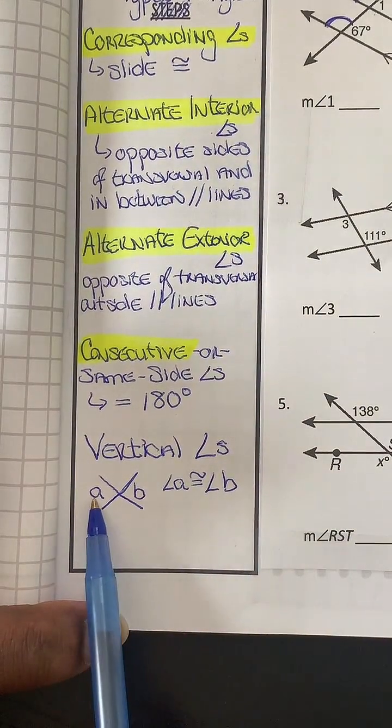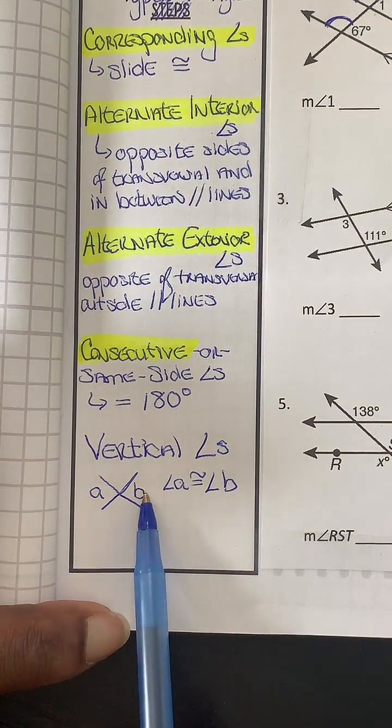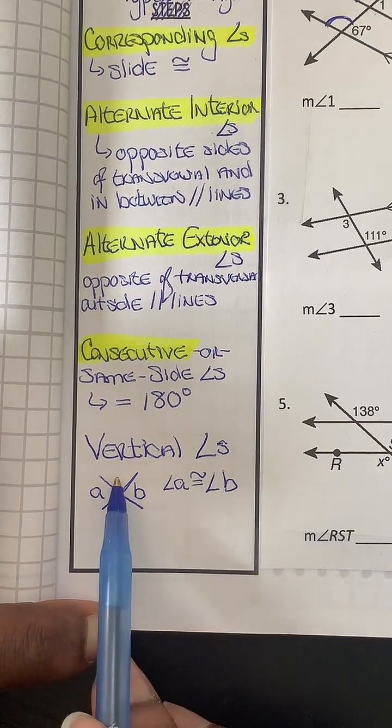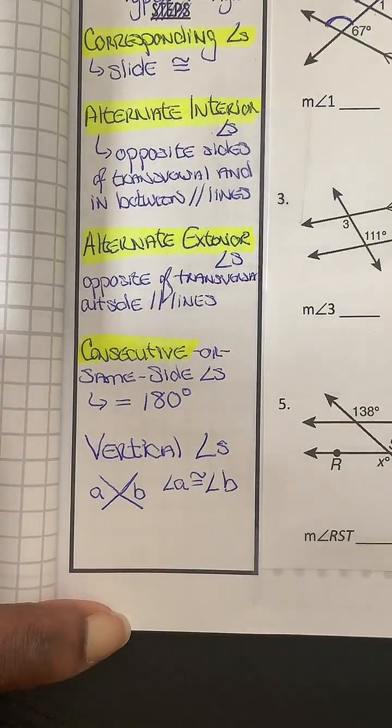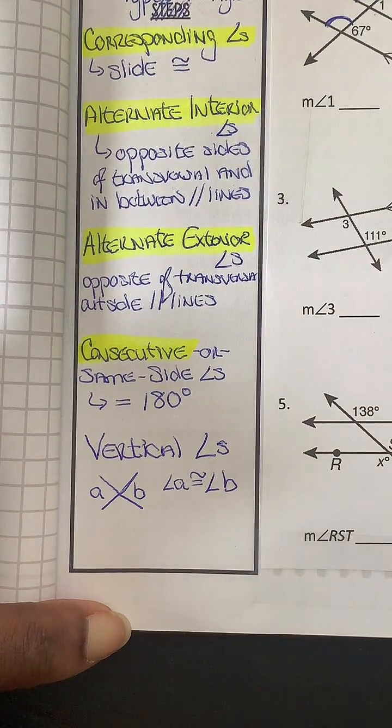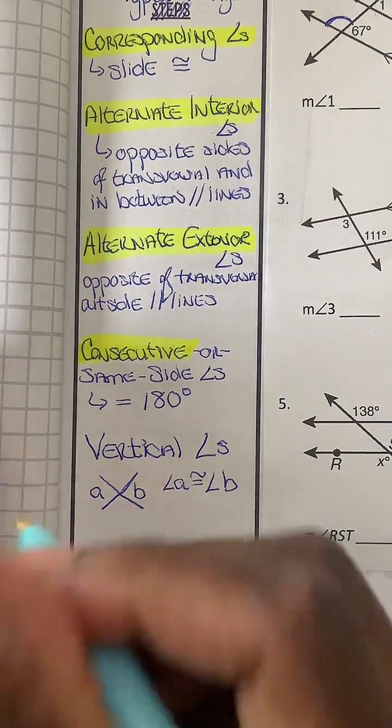So if this angle was 45 degrees, that means this angle across from it's going to be 45 degrees. If this angle up here, which I'm going to call angle C, let me use a different color. Well, I'll use the pink.